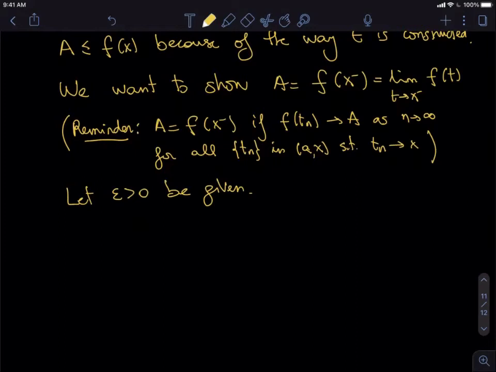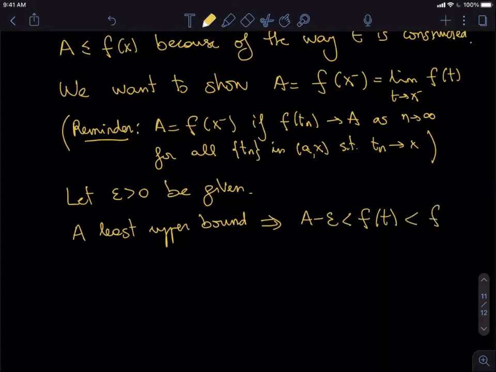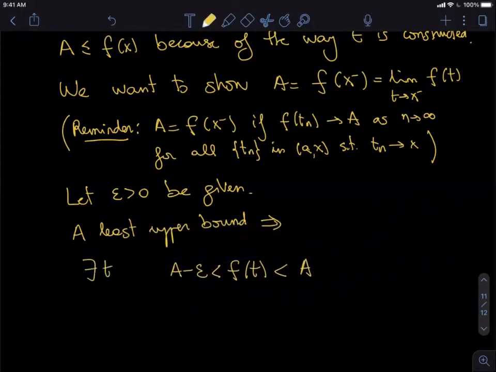And then from the definition of A as a list of upper bounds, we find that there exists some t in AX.